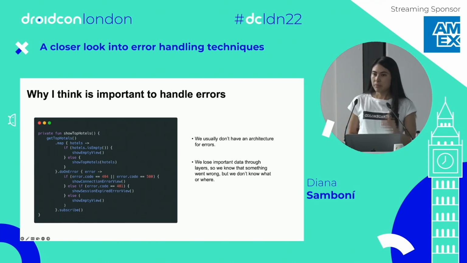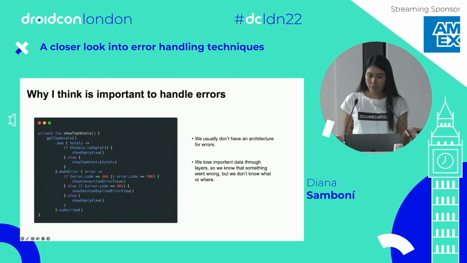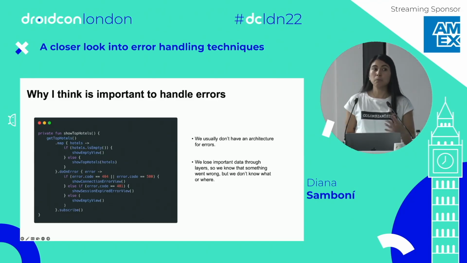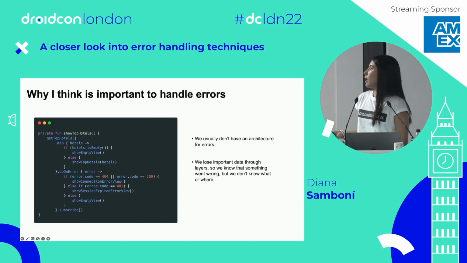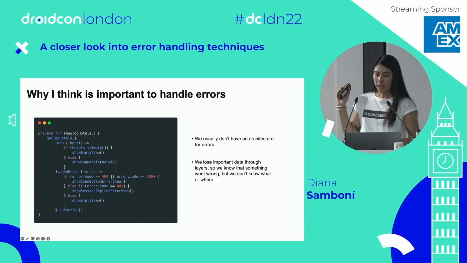So that made me realize that, yeah, we never think about it. And also, we are losing important data, because in the end, we just don't care about it, or we just start handling errors when the user starts complaining on the Play Store, and that's not that cool, because errors contain important data.